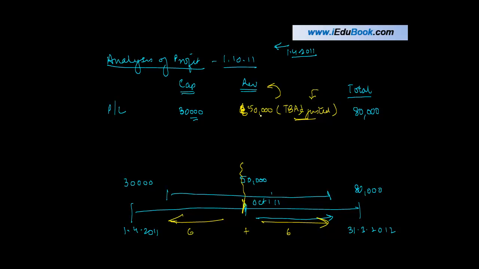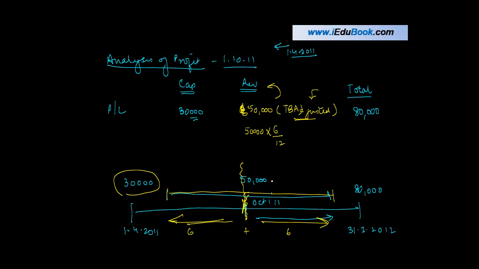Now, if 50,000 is the profit earned during 12 months, I need to know how much profit I earned up to the date of acquisition, which is 6 months from the date when the last profits were given. So I will split this 50,000 into the period prior to the acquisition, 6 months, and the total period, 12 months.